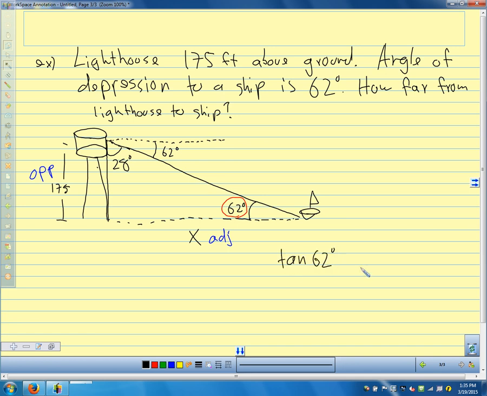So we say tangent 62 degrees equals opposite over adjacent, 175 over x. This is like our opener now, except we have a tangent instead of a cosine. Multiply, oops, my calculator just died here.